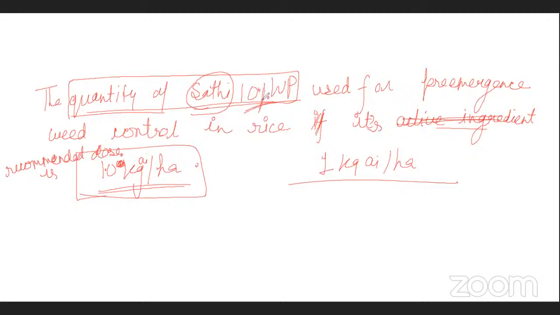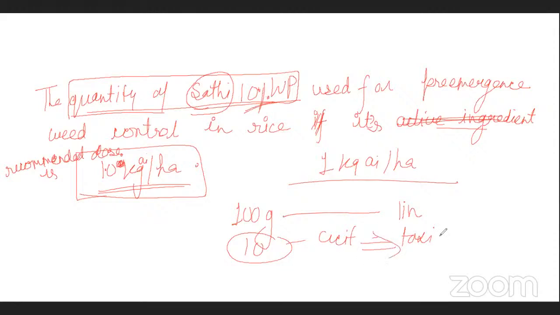If on this 10% wettable powder, if we are applying 100 gram in the field, then only 10 gram of active ingredient, or the toxicity of that herbicide, will be present, 10 gram only.